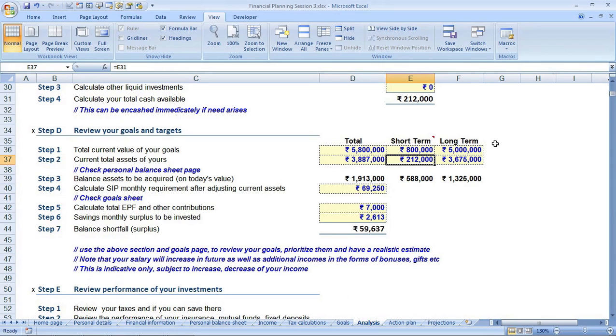You could also uncover the fact that suppose your short-term goals are only 6 lakh but you have 8 lakh cash with you, probably you can divert that to a long-term goal. That's the objective of this exercise, to find out how much cash you have for your short-term goals and how much assets can contribute to your long-term goals.